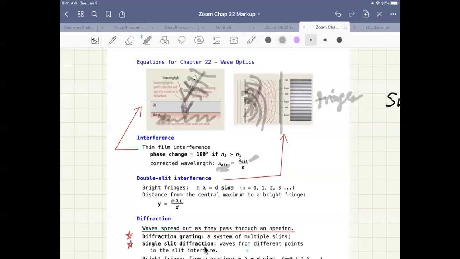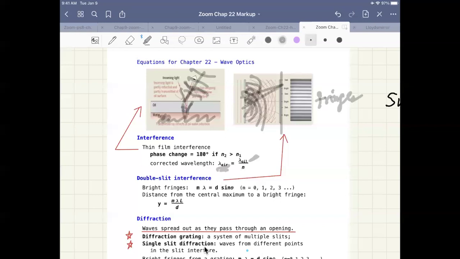You'll see alternating regions of bright and dark, bright, dark, bright, dark, bright, dark. Bright is where the waves from the two slits interfere constructively. Dark is where they interfere destructively.